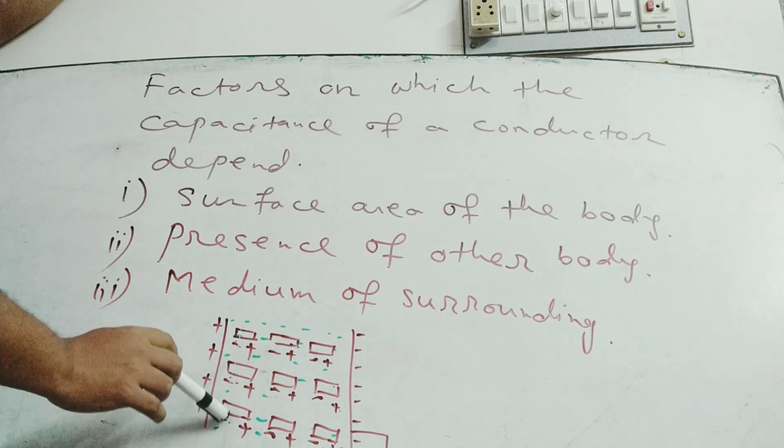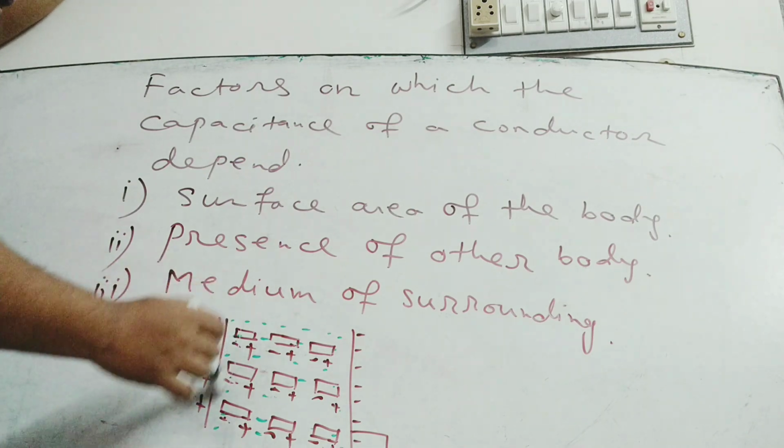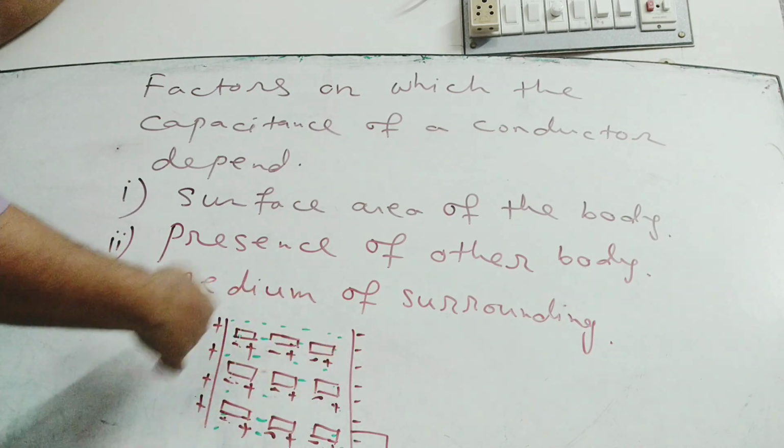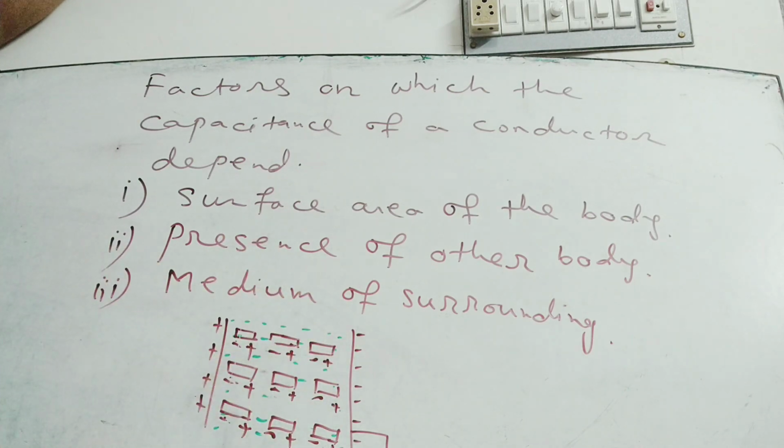This negatively induced charge attracts more positive charge on this plate. Therefore, the capacitance of the system also increases. In this way, we can increase the capacitance of a conductor.